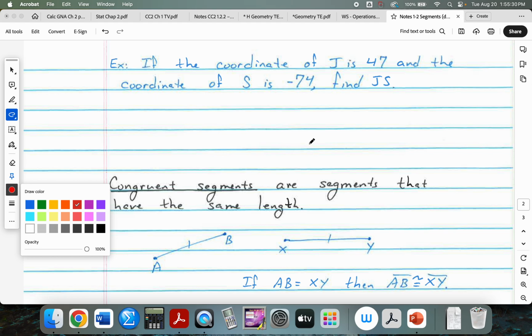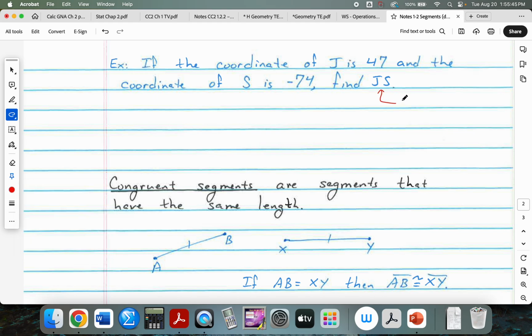Might take a while, right? So here we're finding JS. Usually we just say find JS, but what do we really mean? We mean find the length of segment JS.